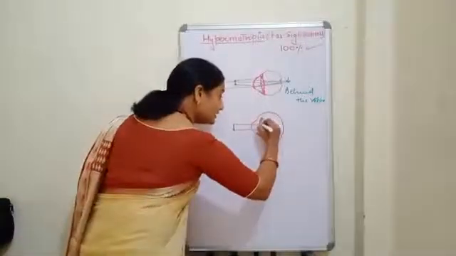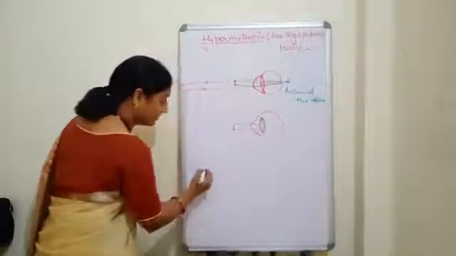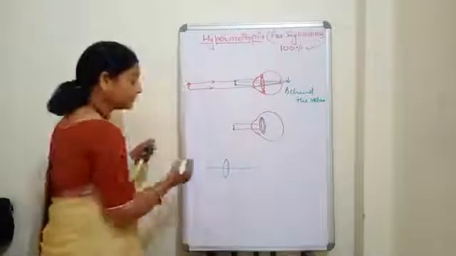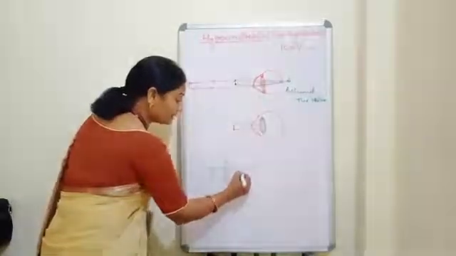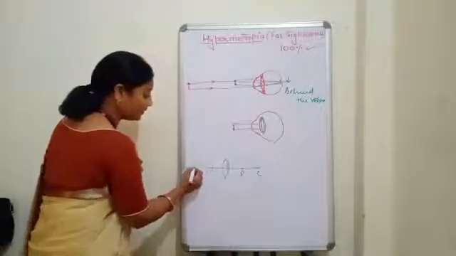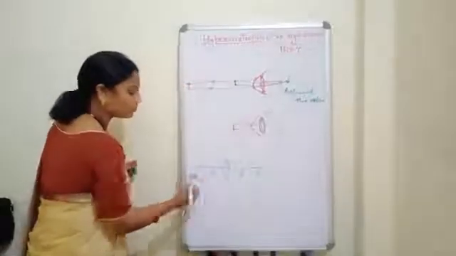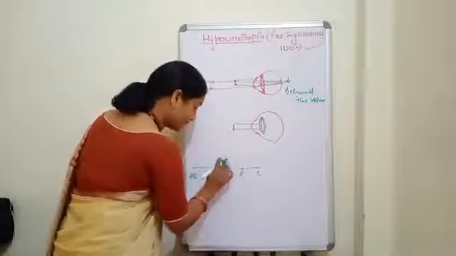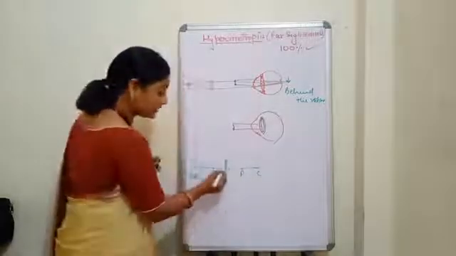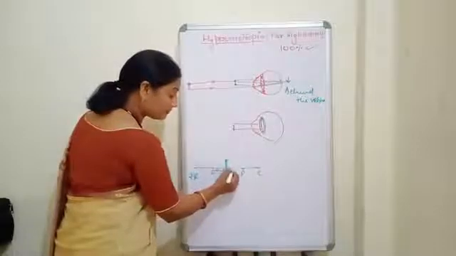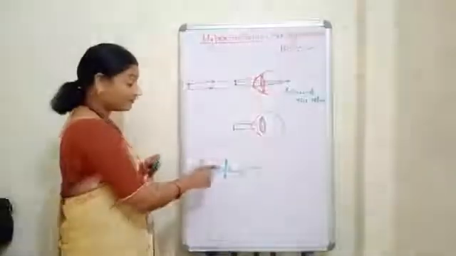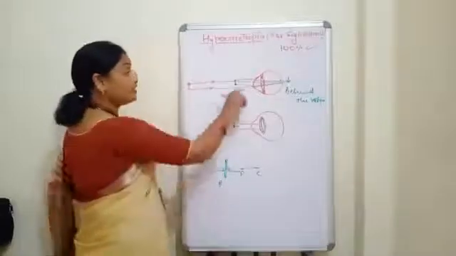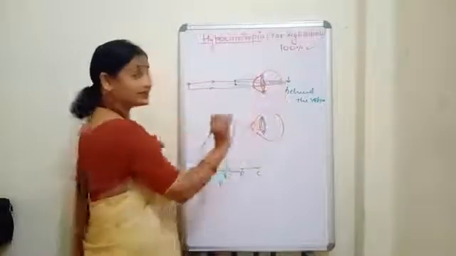So if the lens has become thin, now see here, it's normal physics. This is your lens. This is our focal length, and the center of curvature, which in the case of a lens we write as 2f. Now if the lens becomes thin, the focal length has increased, and if the focal length has increased, the power of convergence has decreased.